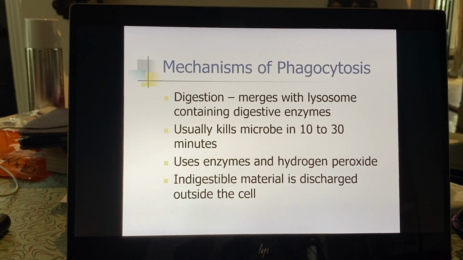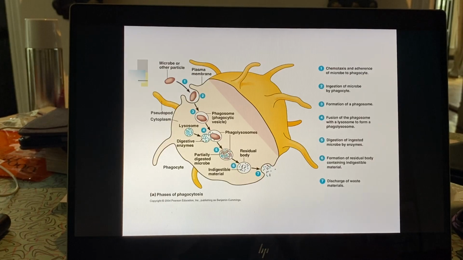It's kind of the same thing. So some macrophages keep parts of the microbes they eat and they display them on their surface like trophies. I want you to remember that because it's going to come into play when we get to chapter 17.